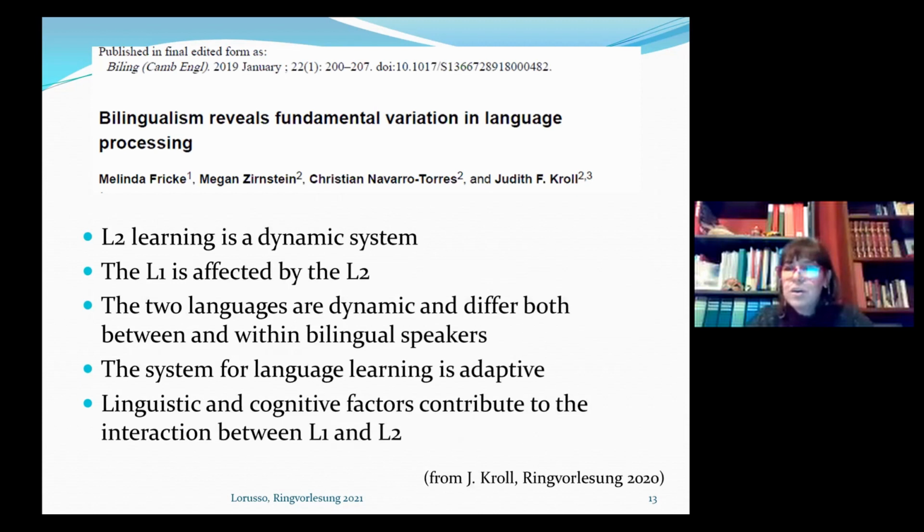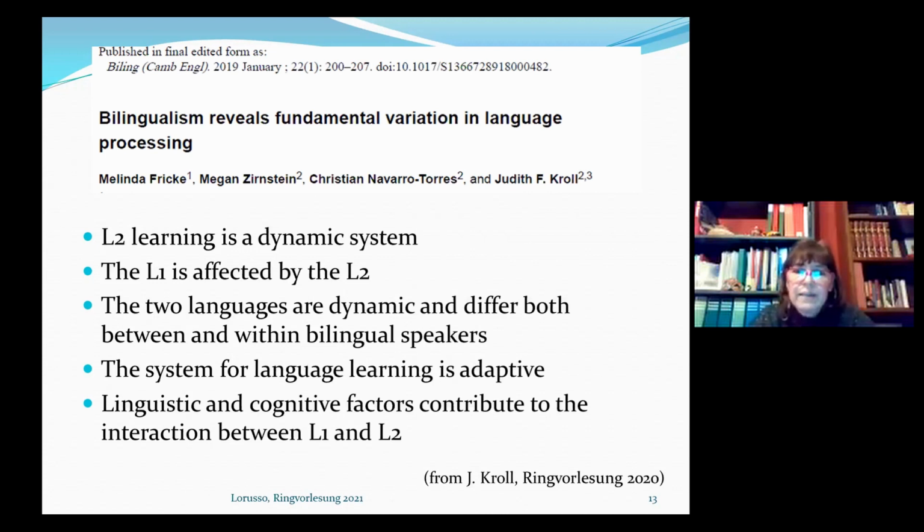We have heard in this series of talks a wonderful talk by Judith Kroll, who highlighted a series of characteristics of this interaction between the L1 and the L2, focusing and describing L2 learning as a dynamic system, where the L1 is affected by the L2 and not only the reverse.